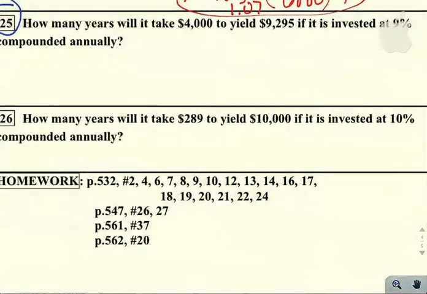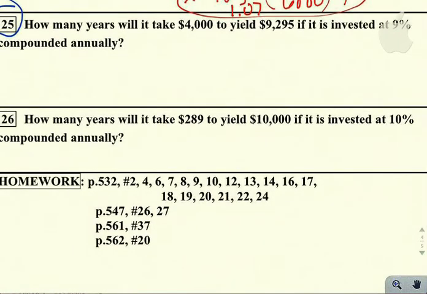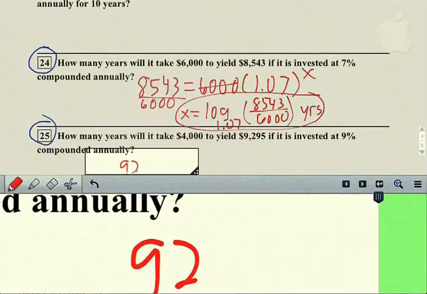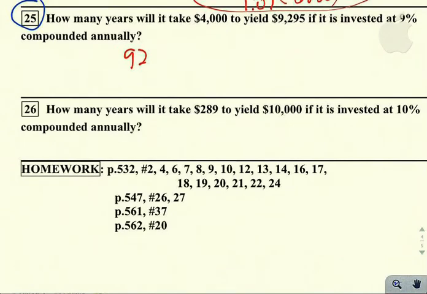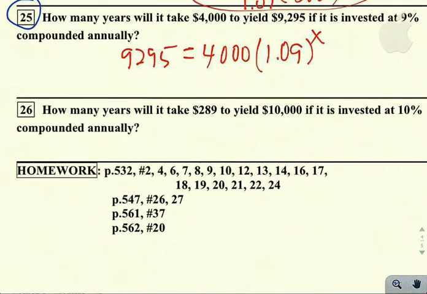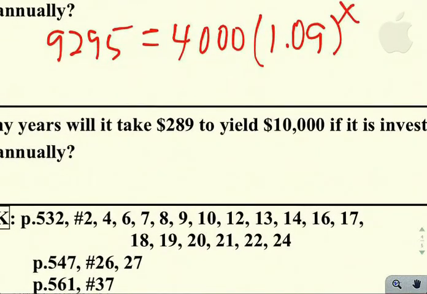Number 25, same kind of situation. We want $9,295. We're starting with a principal of 4,000. The interest rate is 0.09. We don't know the number of years. The first thing is to divide by 4,000.